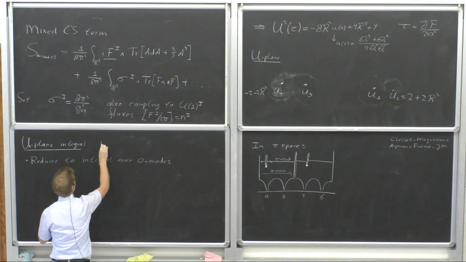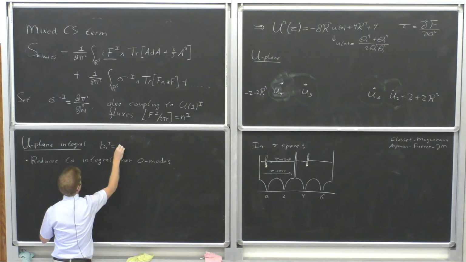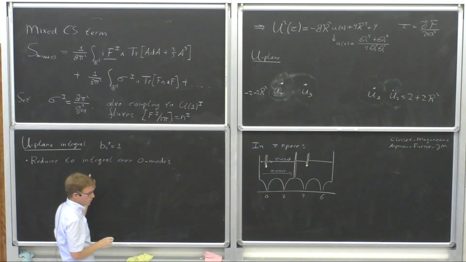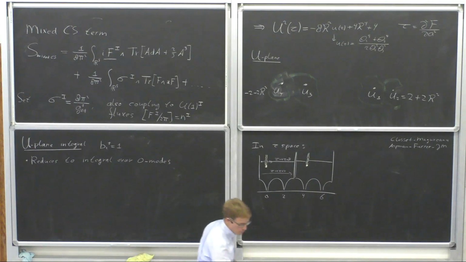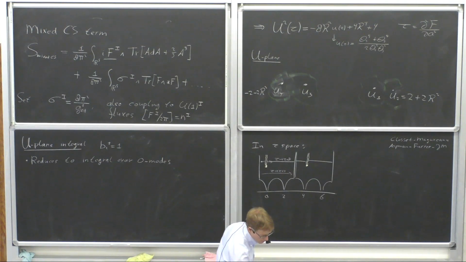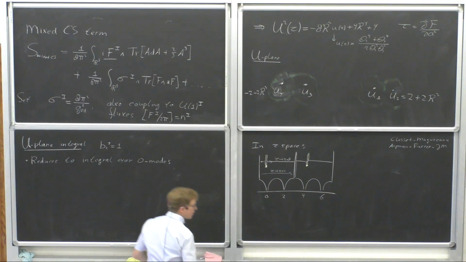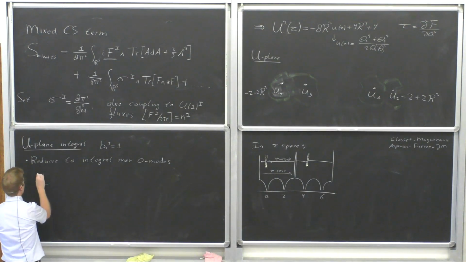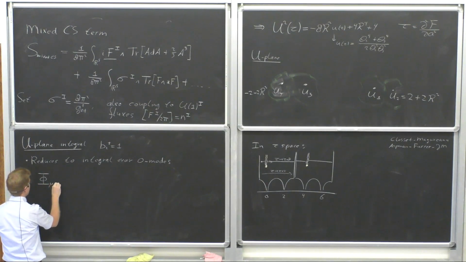So this is for b2 plus equal to 1, but we can actually then deduce also contribution for b2 plus larger than 1. So let me just sketch a little bit this integral.